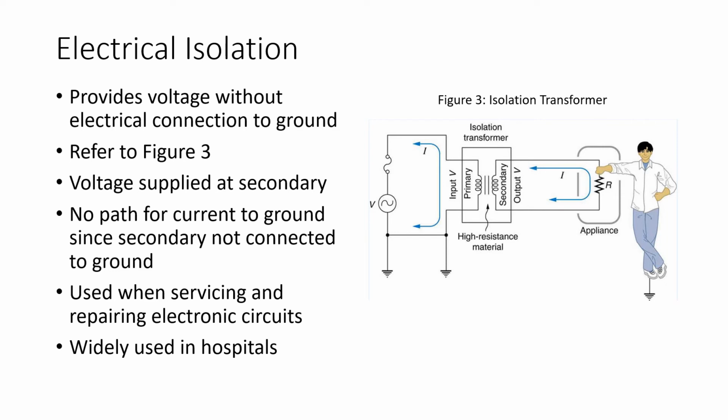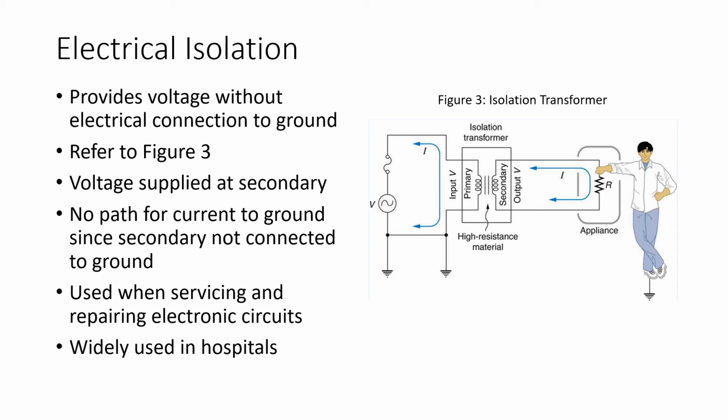So this offers us some level of safety in that we can touch the circuit and not have a path to ground via the chassis if we were to touch an energized point and the chassis at the same time.